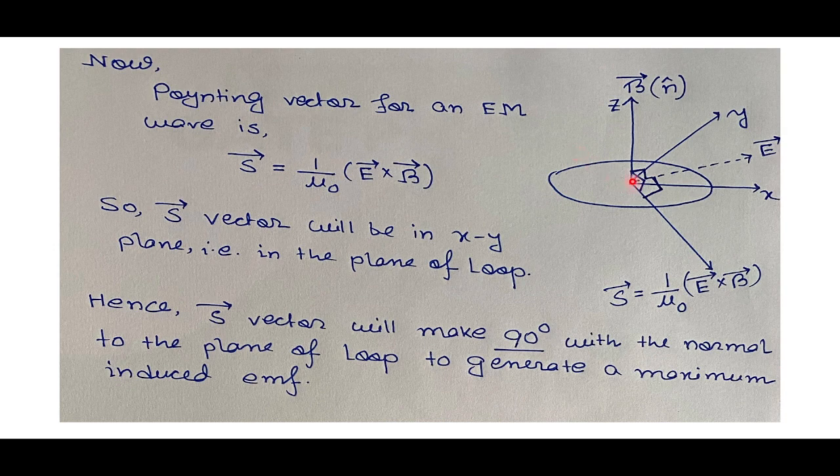Because it has to be perpendicular to B as well as E. So there is only one option, that it will be in the xy plane only. So your Poynting vector will be in the xy plane, that is in the plane of the loop. So hence you can easily say your S vector, that is the Poynting vector, makes 90 degree with the normal to the plane of the loop to generate a maximum induced EMF. So is the whole thing clear?